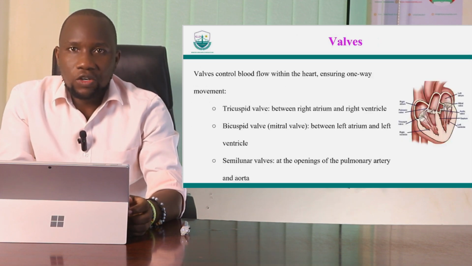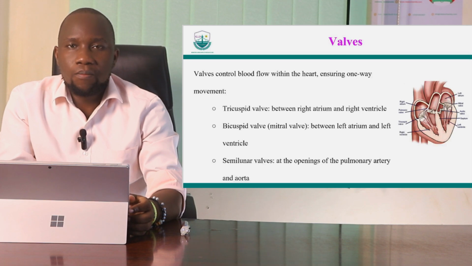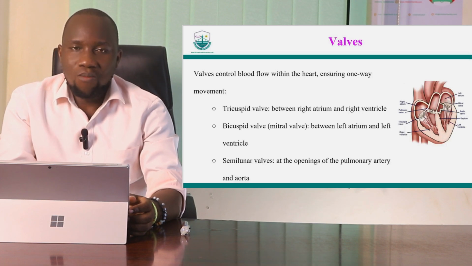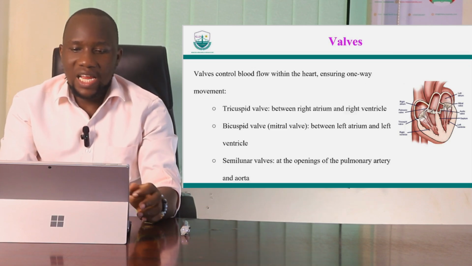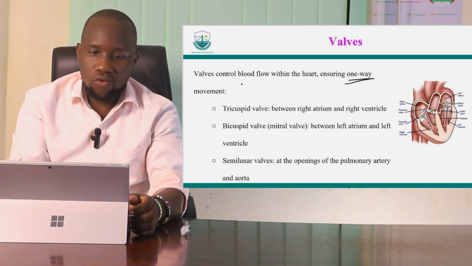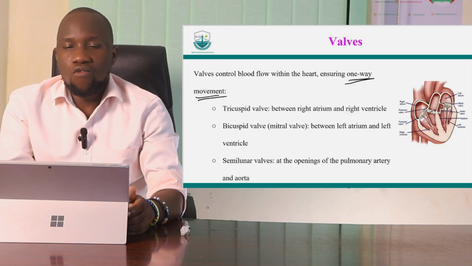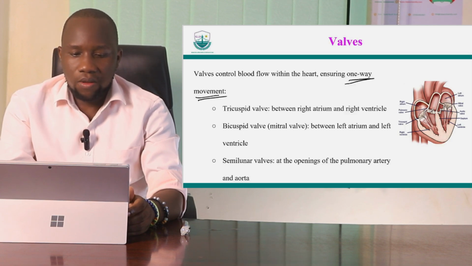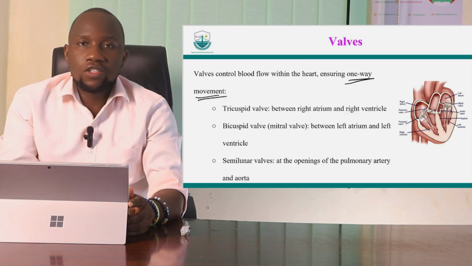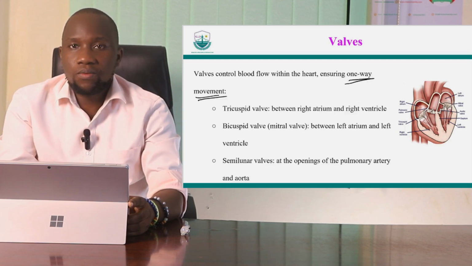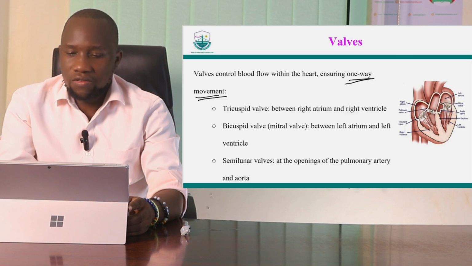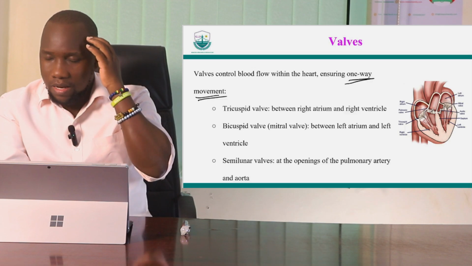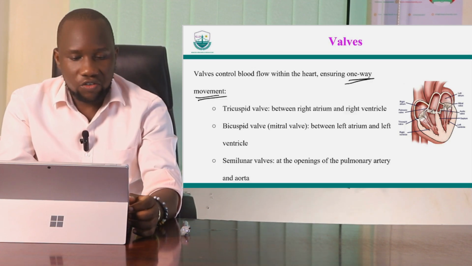Then we look at the valves. The valves prevent the backflow of blood. That means that it allows blood to flow in one direction, one way movement of blood. So we have the tricuspid valve found between the right atrium and the right ventricle.